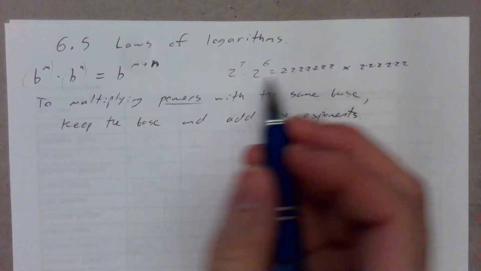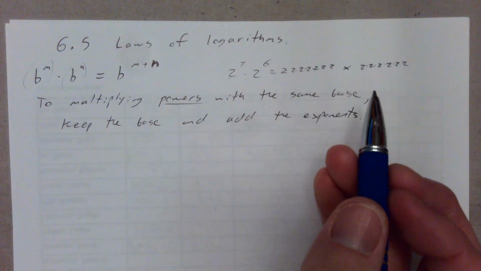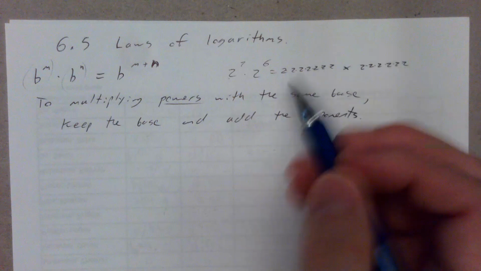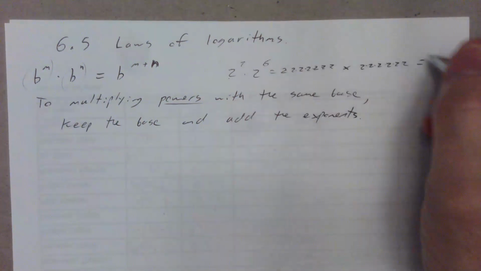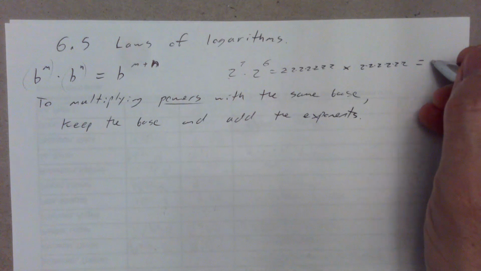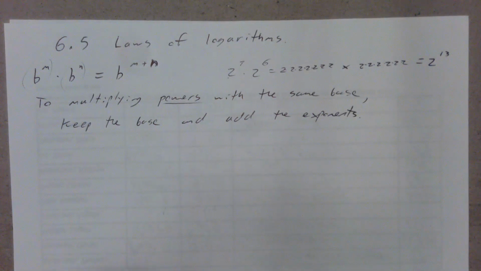I'm not going to do 2 times 2 is 4 and then do 7 plus 6. I don't have repeated powers of 4. There are some powers of 4 in here, but I'm not seeing 13 of them. I'm seeing 13 repeated factors of 2. And I get that by keeping my base and adding my exponents.